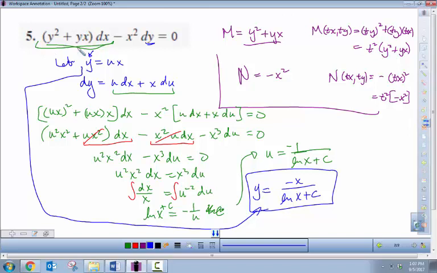So let's try some substitutions, and then it looks like we can make it separable somehow. Now let's look back at the original function and say, hey, there's something special about these functions. It turns out that they have the same powers. This is y squared, this is x and y put together, and this is x squared. So if you have that phenomenon, then that's how they probably defined it.